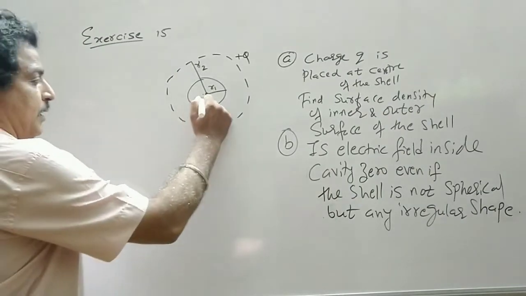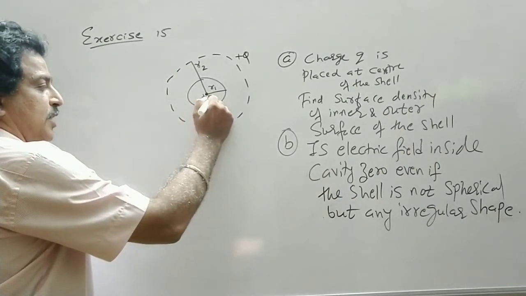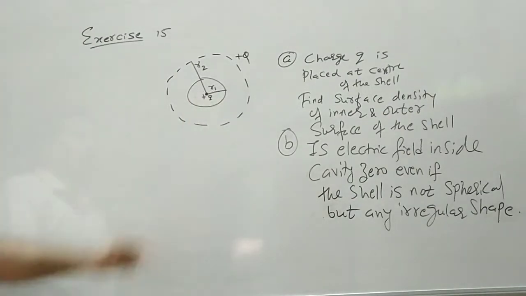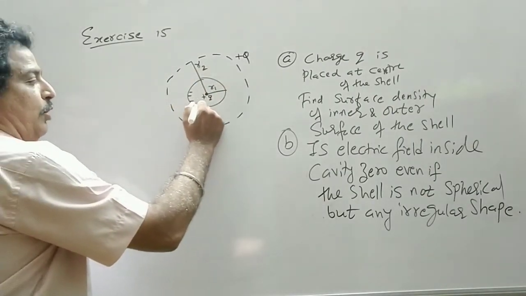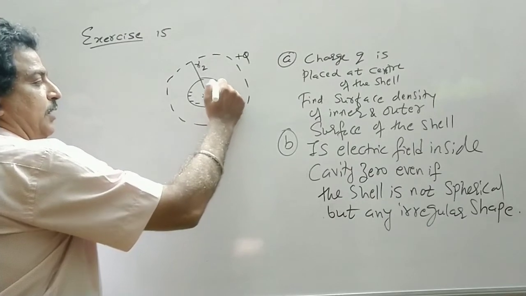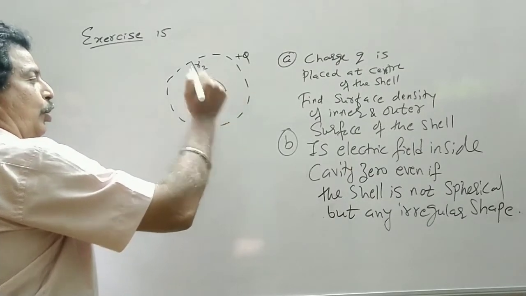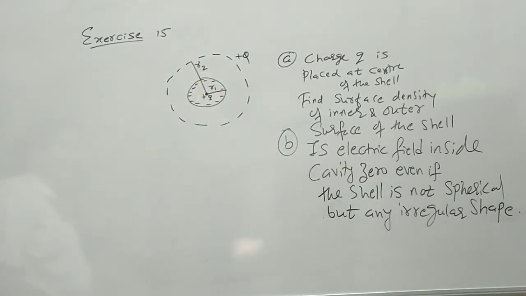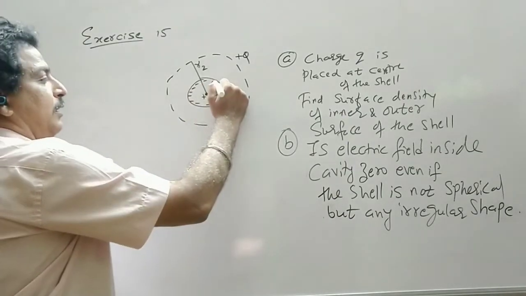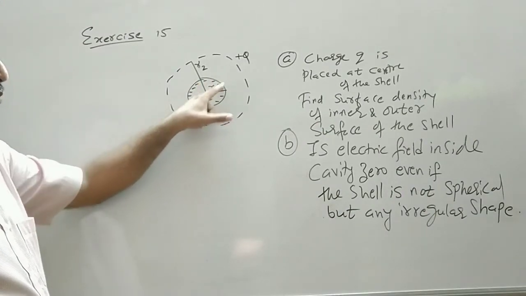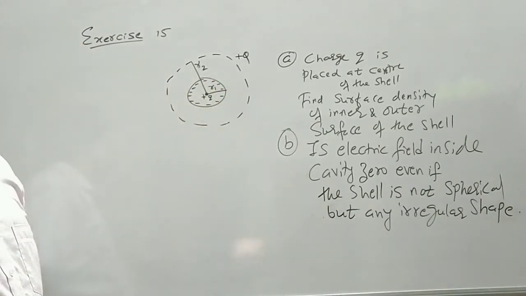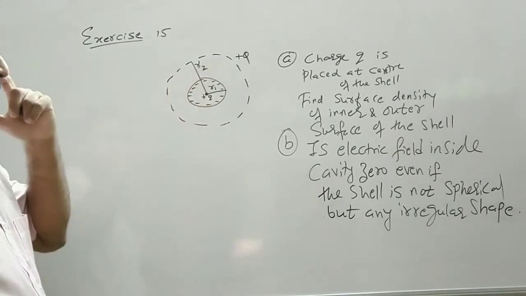Clearly, if I place a positive charge at the center of the inner shell, the charge induced on the surface of the inner shell will be negative, and the same amount of charge, minus q, small q charge, will be induced on the inner surface.